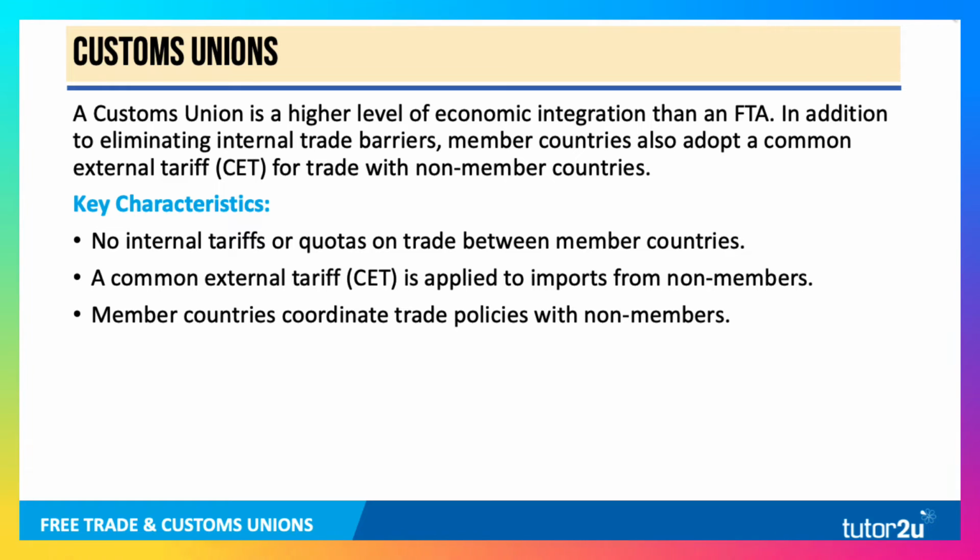So if, for example, three countries, A, B and C, form a customs union and they're all importing beef from country D, then the tariff, let's say it's 20%, will be the same for countries A, B and C, hence the phrase common external tariff. But member countries can still coordinate trade policies with non-members.